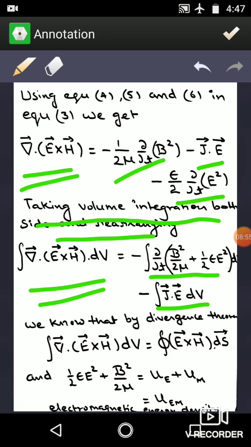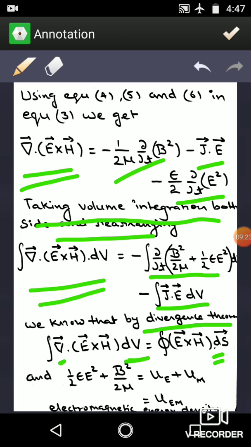Now using the Gauss divergence theorem, if we remove the del divergence here, then the volume integration will convert into a surface integration.